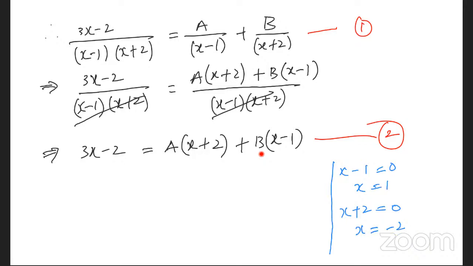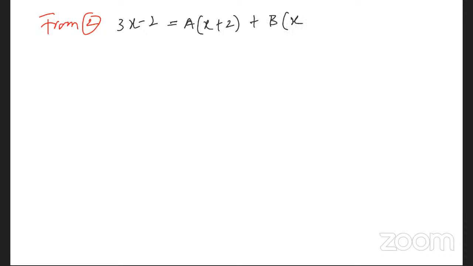So from equation 2, we have 3x minus 2 is equal to A into (x plus 2) plus B into (x minus 1).